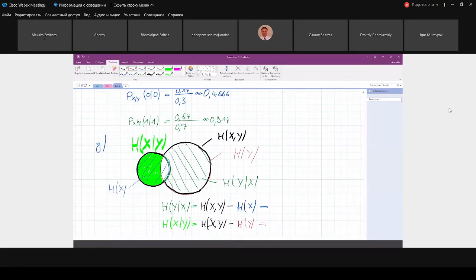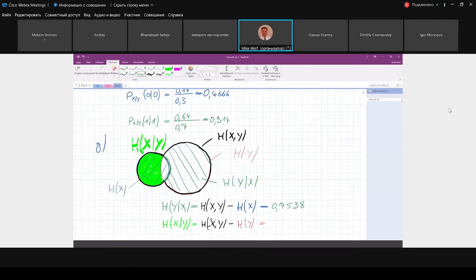If we calculate this one, h of y given x is 0.7538, and h of x given y, I don't have it.